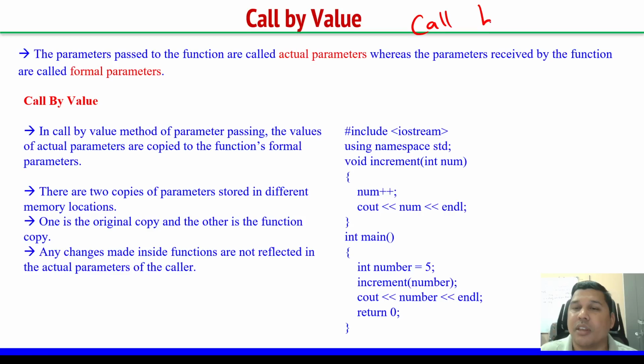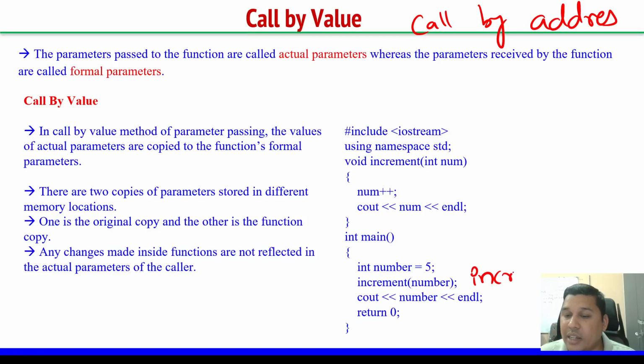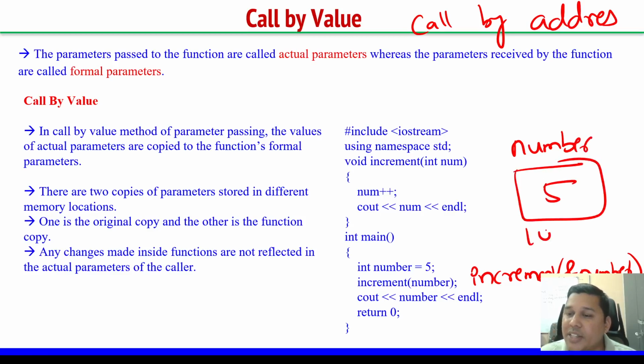Call by address. What is this call by address? Here you will be passing the address of the variable. Instead of this, you will write increment of ampersand number. So what you are doing, we know that there is a variable number, it has some value 5 and address 1000.